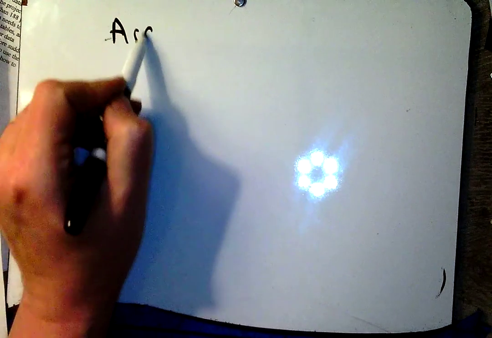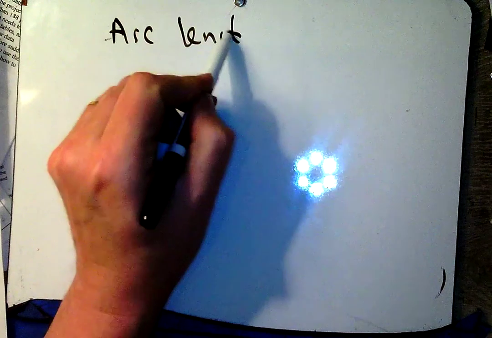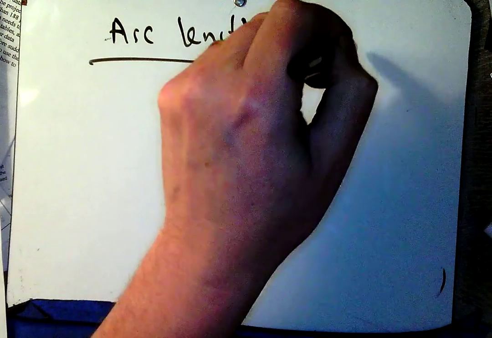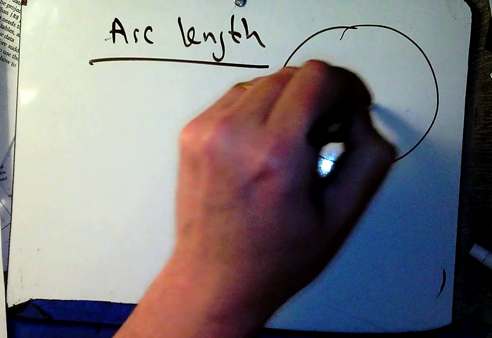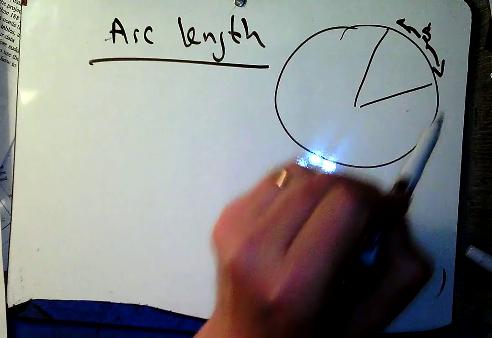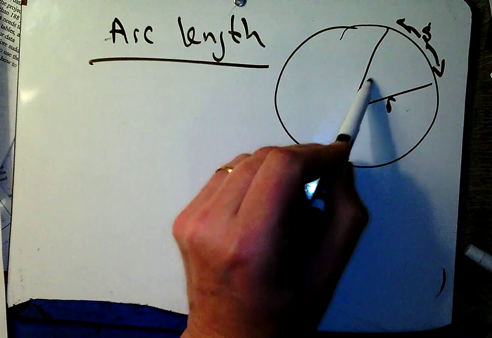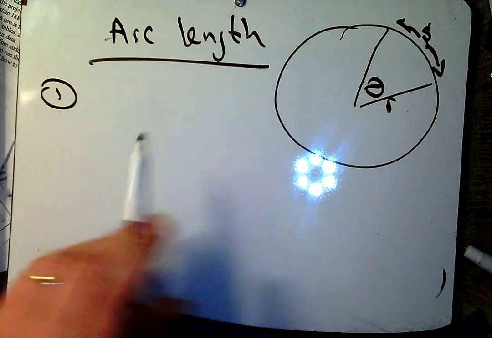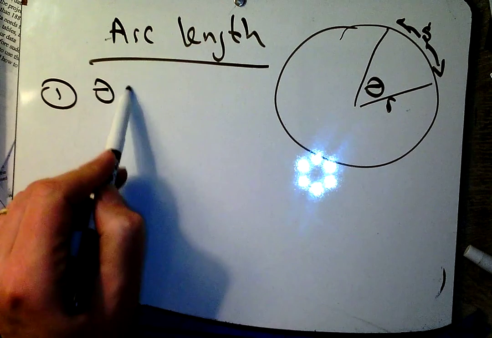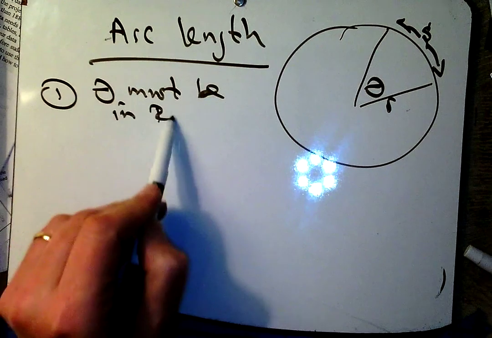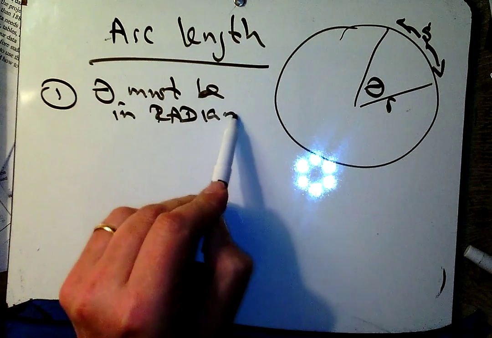Hey, so arc length. Remember the formula? Hope so. That's the arc. There's the radius, and there's the angle. First, even before I rewrite down that formula, theta must be in radians.